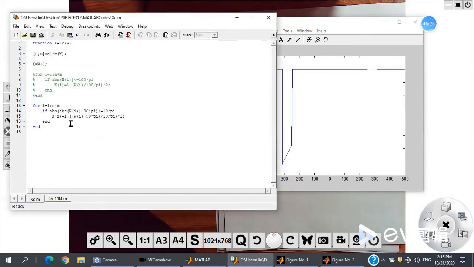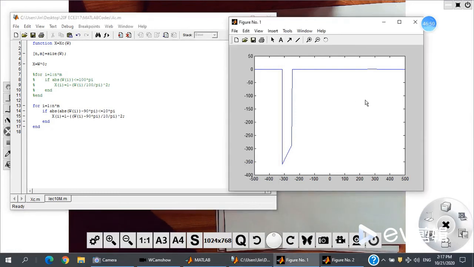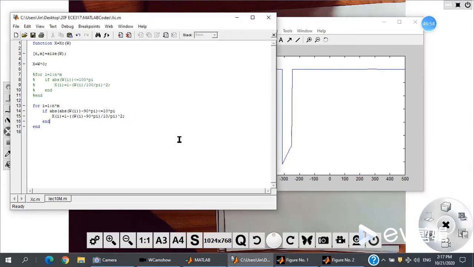It should be 1 minus the square of these. If the absolute value minus 90 pi is smaller than this one, then X will be 1 minus this square. I think it's good, but why is this a negative value? I'm sorry, something is wrong here.